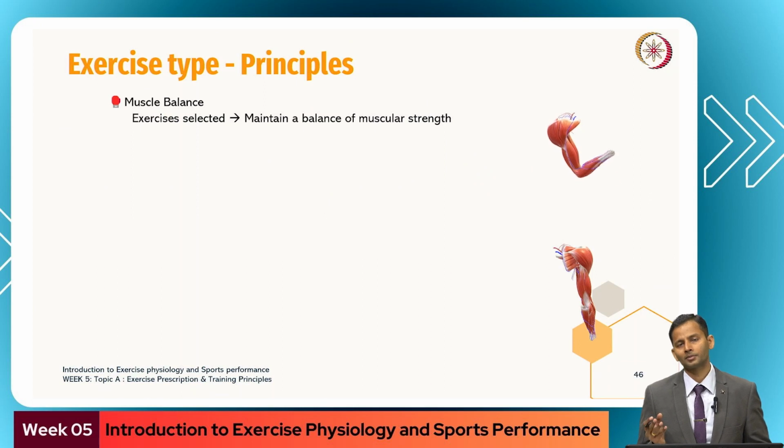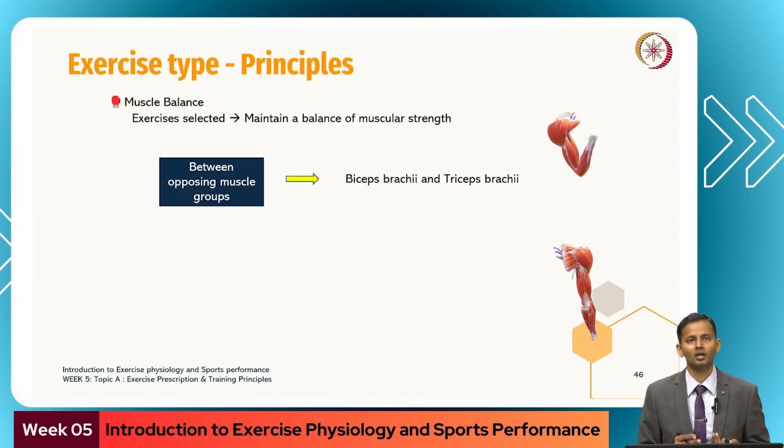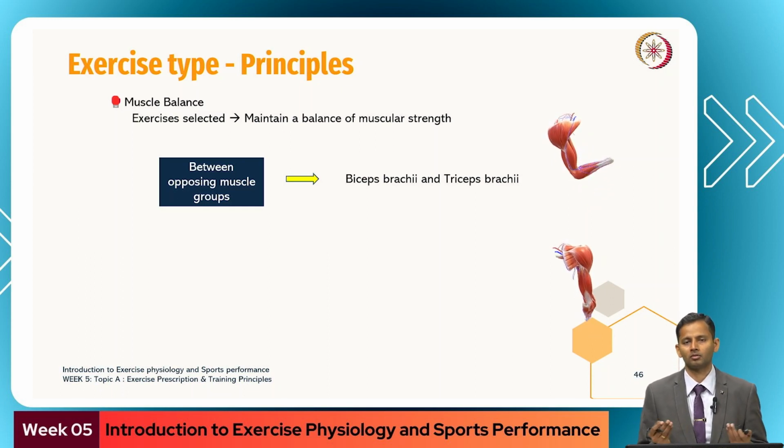One more important aspect that one needs to keep in mind is the muscle balance as you are prescribing the training, because exercises have to maintain a particular balance between the groups of muscles. Let's say for example there is the balance which has to be maintained between the opposing groups.